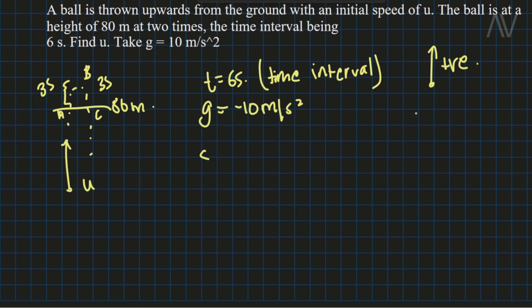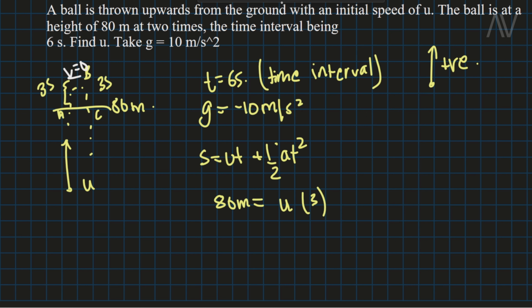Over here again we can use the equation of motion. The s is given to be 80 meters, u is unknown, t is 3 seconds. The thing we are doing over here is that we are going to calculate, with v equal to 0 from point A to point B, the value of u dash.